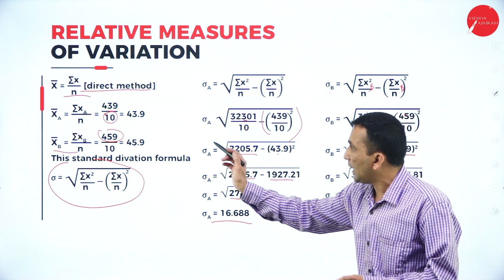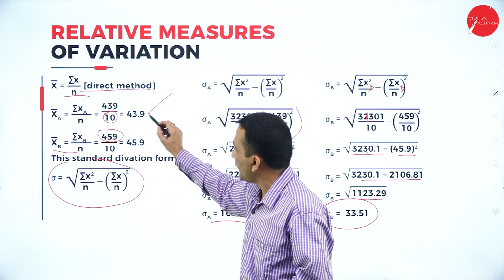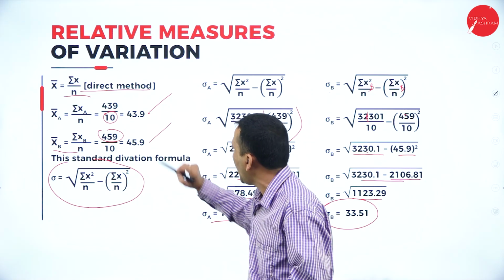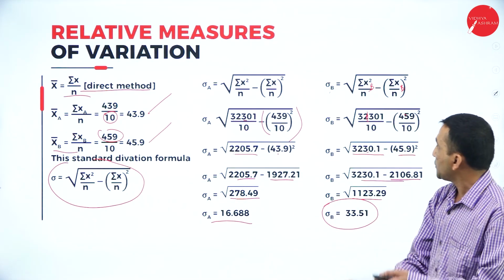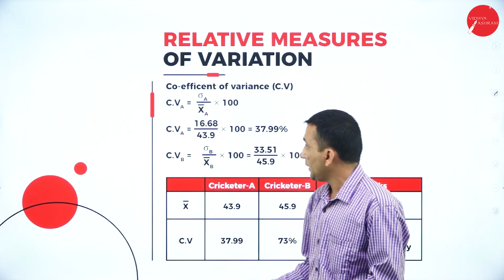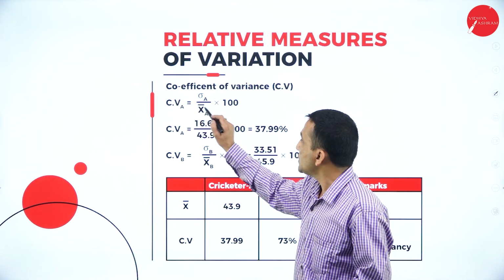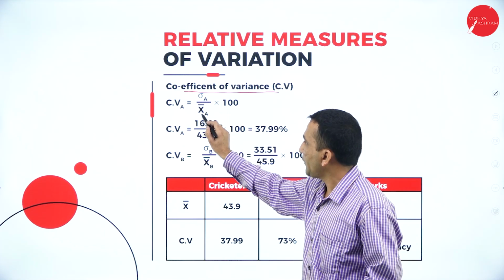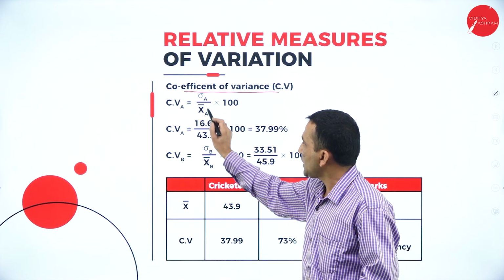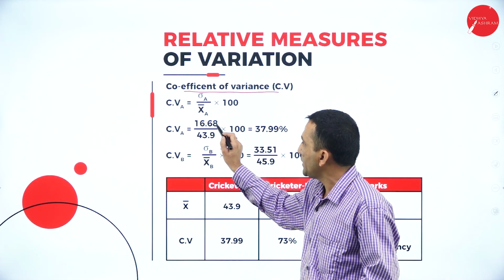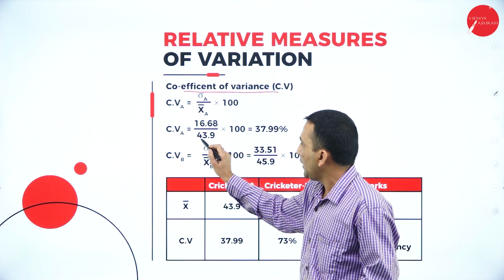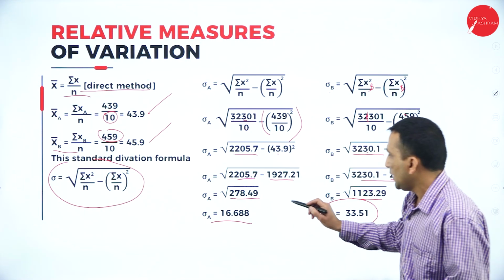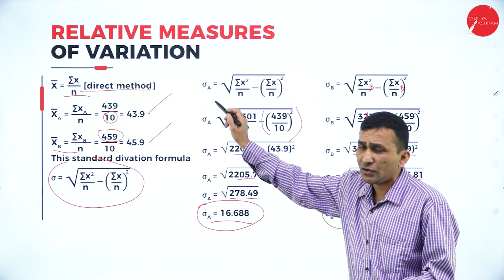Now, whatever we calculated, the x bar values 43.9 and 45.9 and the standard deviations, we are finding the coefficient of variation.